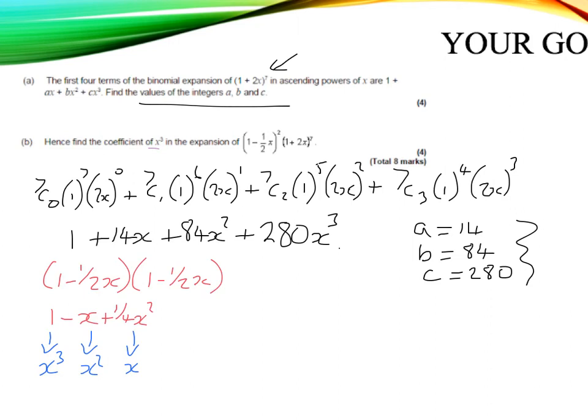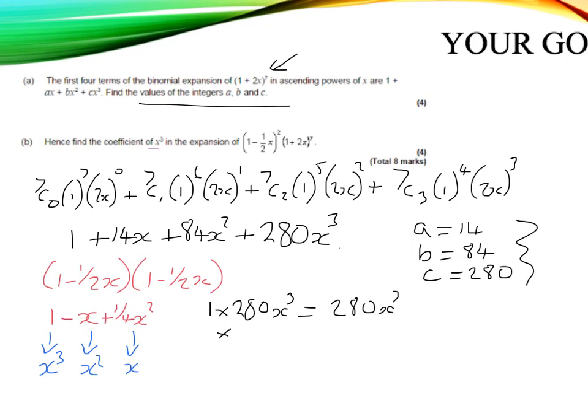So if we're dealing with this first part, we've got 1 multiplied by 280 x cubed, which is going to give me 280 x cubed. Then I've got minus x, so minus whatever my x squared term is here, so minus 84. Let's do this properly.